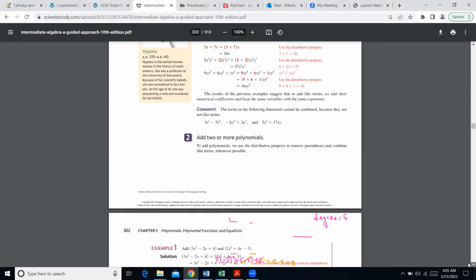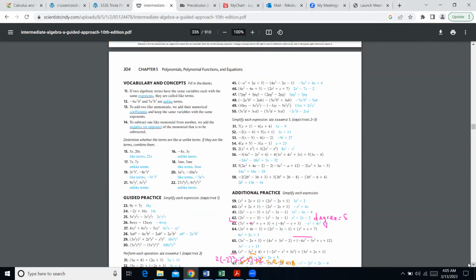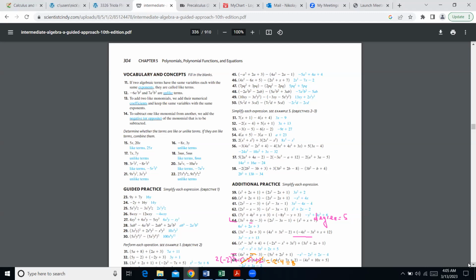In the next section, you calculate sums and differences of so-called like terms. So if I try exercise number 24 here, that says, how about if you take 16 y's and subtract 2 y's from it?